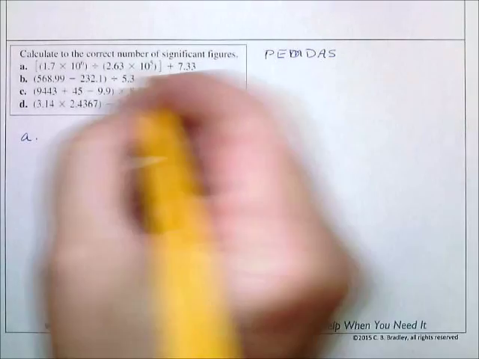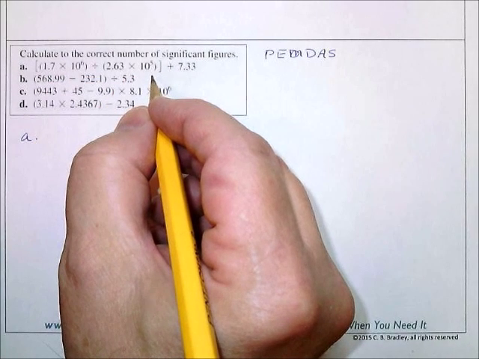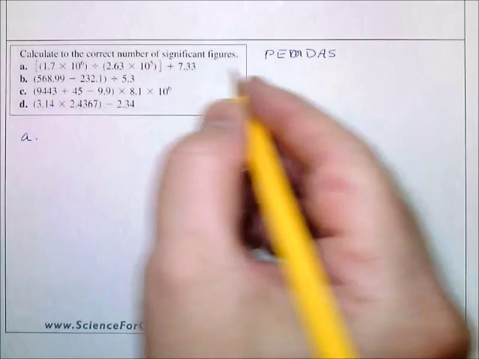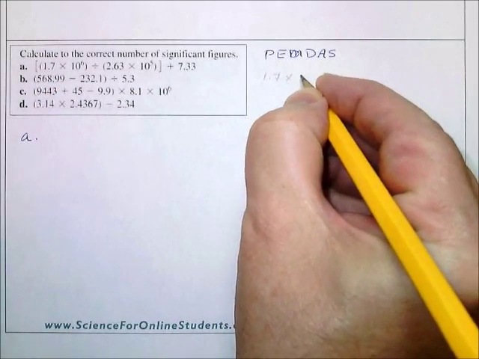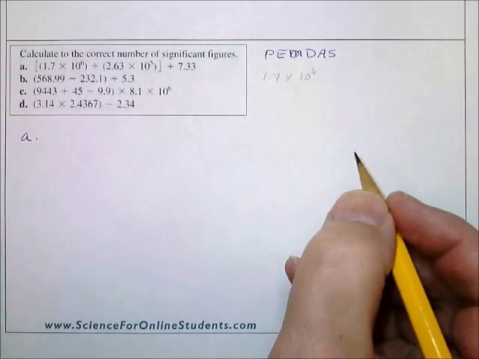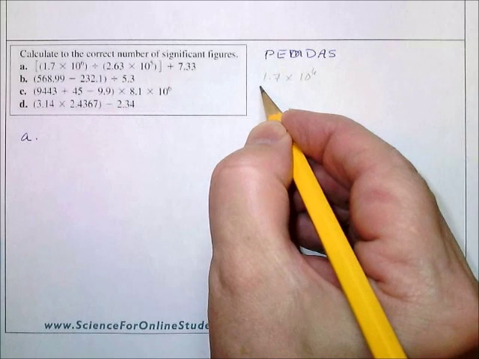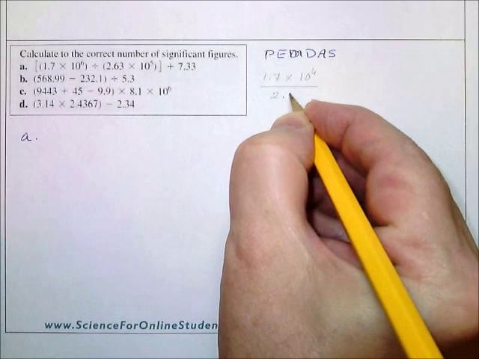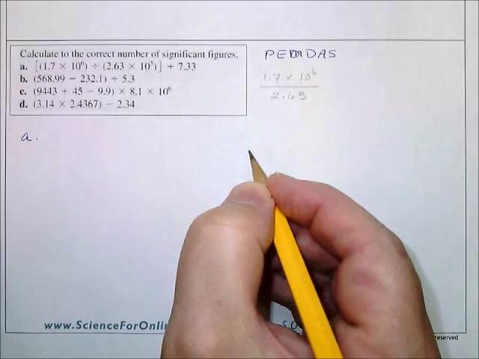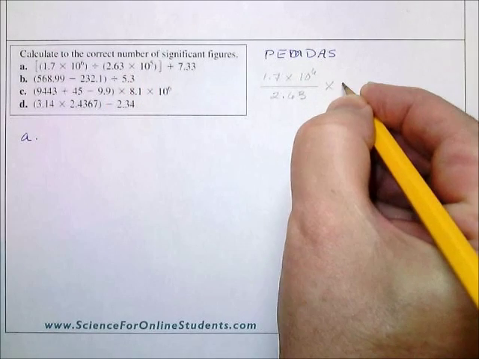If you put it straight into the graphing calculator without parentheses, what you'll get is 1.7 times 10 to the 6th. That's fine, no problem there. When you divide by 2.63, and then without parentheses you multiply times 10 to the 5th, this is what you get.